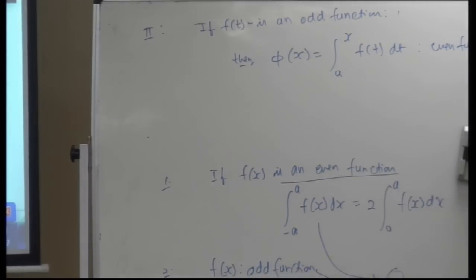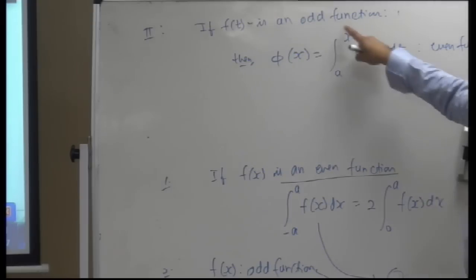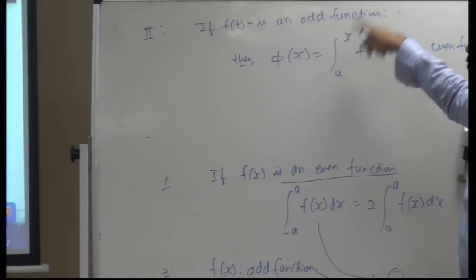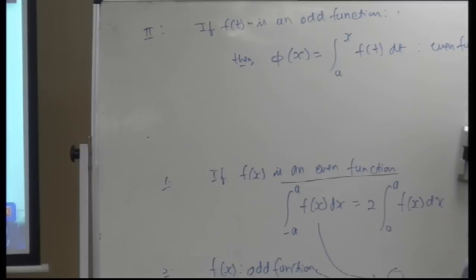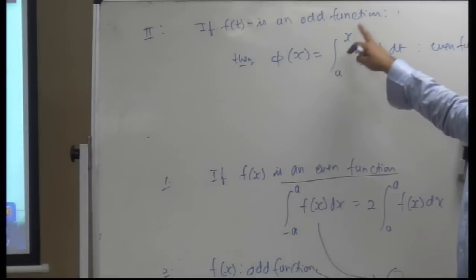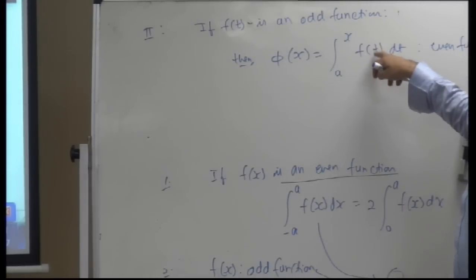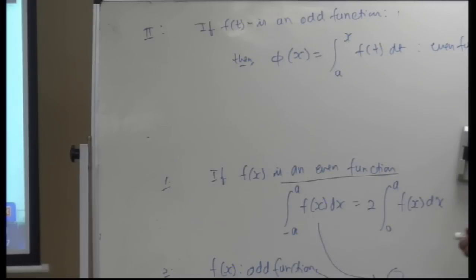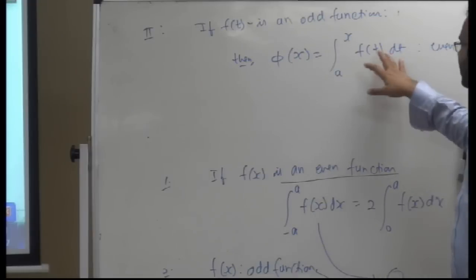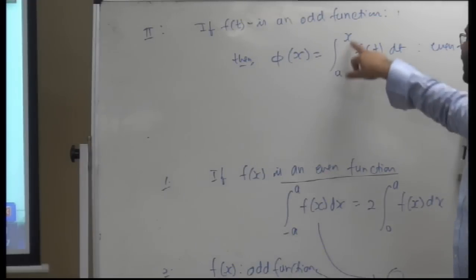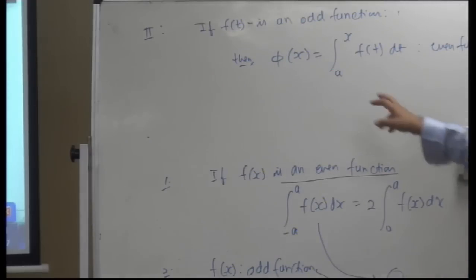Again, a is some constant. This x is the final limit whose function phi(x) is. This x would vary, and f(t) is dependent upon t, and it is an odd function, and obviously in the final answer t won't be present because the limit is a and x. So they are saying that phi(x) is an even function.